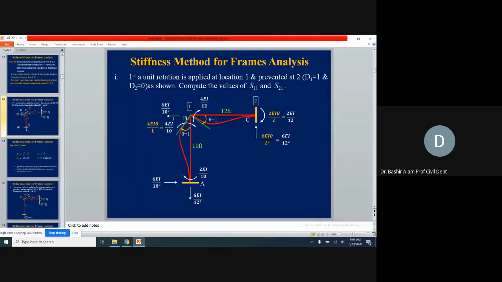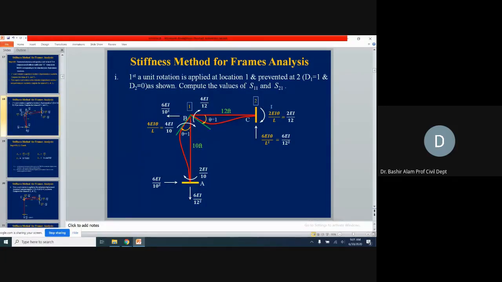The algebraic sum of these is going to make your S11 value, 4EI over 10 plus 4EI over 12. You should make a note of this, because after this I'll be switching to the next slide. So our S11 is equal to 4EI over 10 plus 4EI over 12, corresponding to D1, these moments I'm taking.